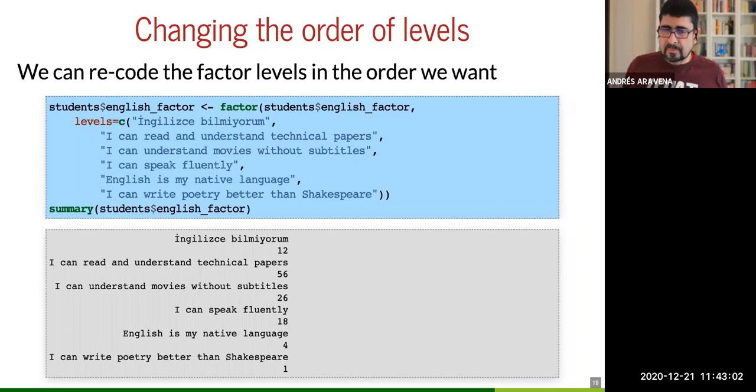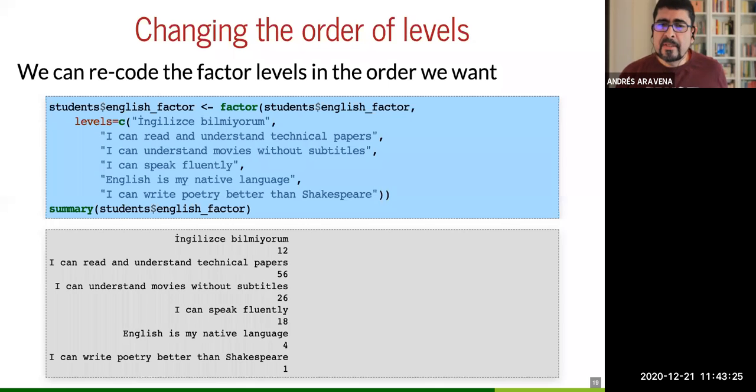Question? So, let's say if factors are so good, why don't we use them more? Well, as I say, in the old R, in the classic R, that was the default.